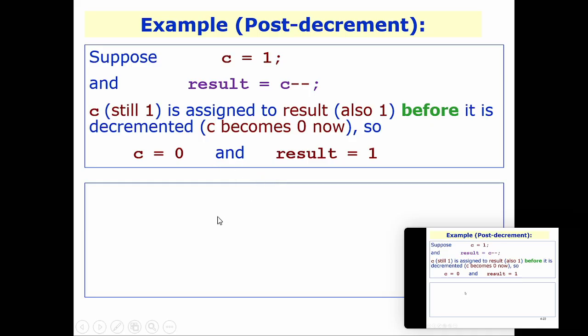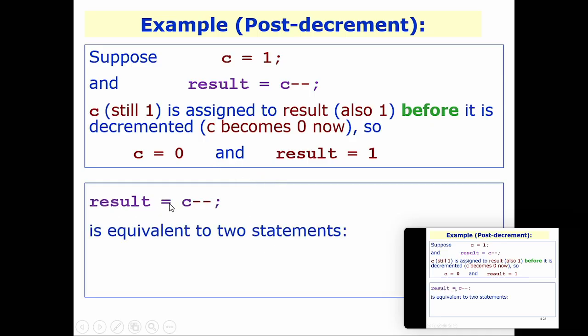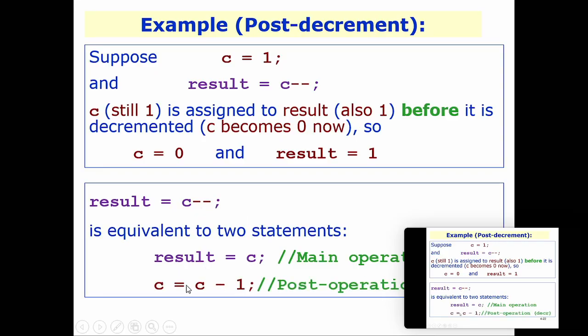Okay, then let me write the full statement of it. If you have result equals C minus minus post decrement, it is equivalent to result equals C, which means assign the value first, and after that, decrease the value of C. Can you find the difference with the pre-decrement?